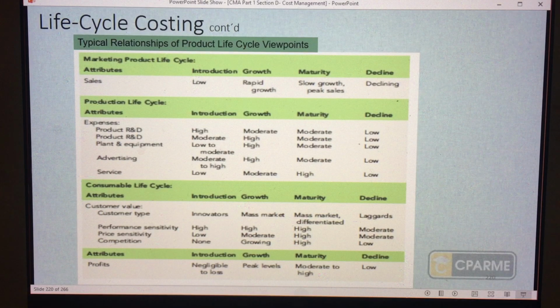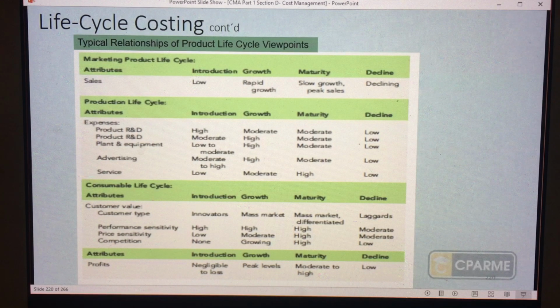Sa maturity, high. Lalo na pag ang basis is profitability at nakita nga nila that your item is profitable, or they'll be able to see opportunity, like they could complement, they could make another product because of it. And then for the decline, it's going to be low kasi either magta-transfer na sila sa ibang market or ibang industry. So wala ka ng competition.